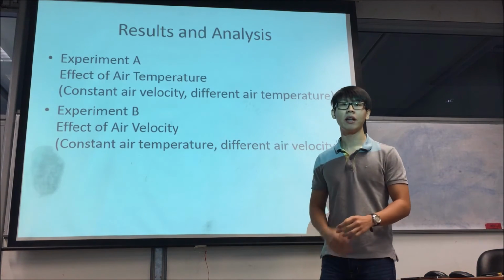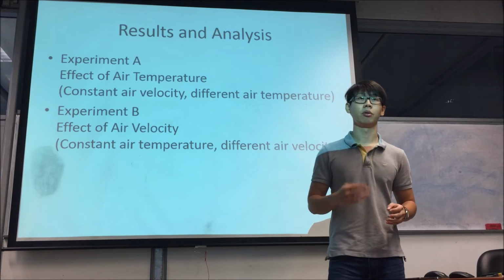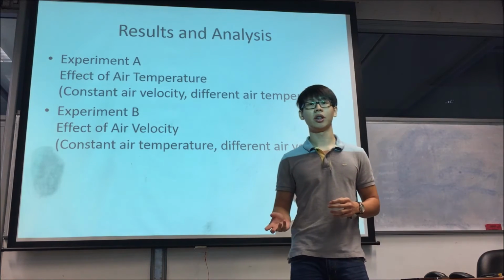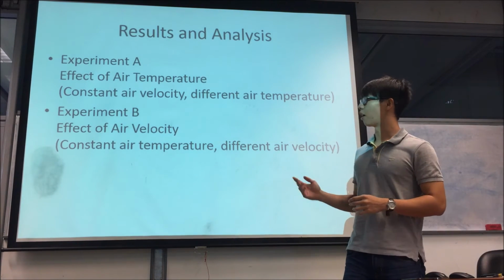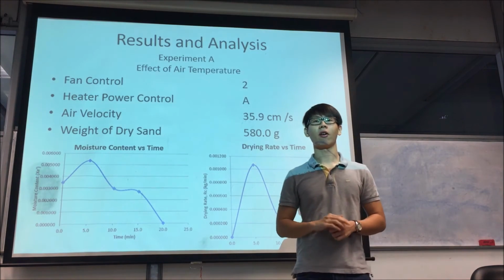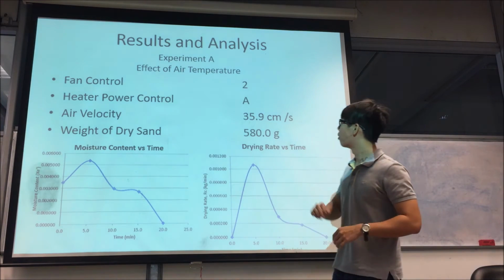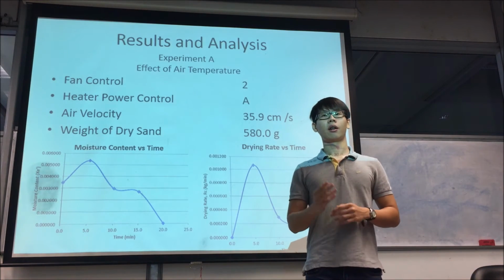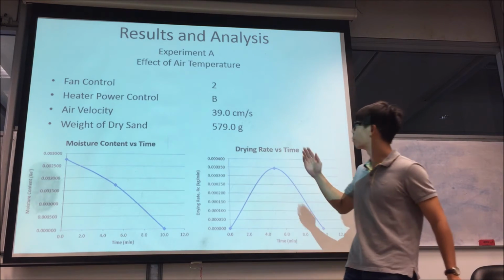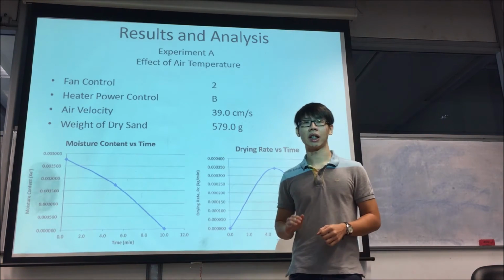Next, I will explain the results and analysis of the experiment that we conducted previously. Experiment A is the effect of air temperature, and experiment B is the effect of air velocity. Based on experiment A, the effect of air temperature with constant air velocity, heater power A is chosen, which is a lower heater power compared to heater power B, and the air velocity here is 39.0 cm per second.